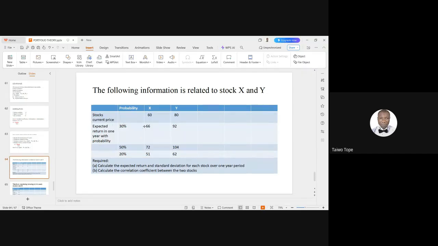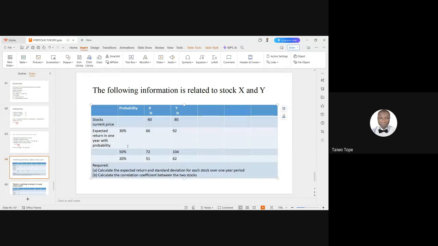So we are looking at the possibility that in future the prices will be 66 for stock X, 92 for stock Y. In future, we are looking at the possibility of the stock price to be what? 72 for stock X and 104 for stock Y, and for stock X, 51, for stock Y, 62. Now, that's all these prices here.